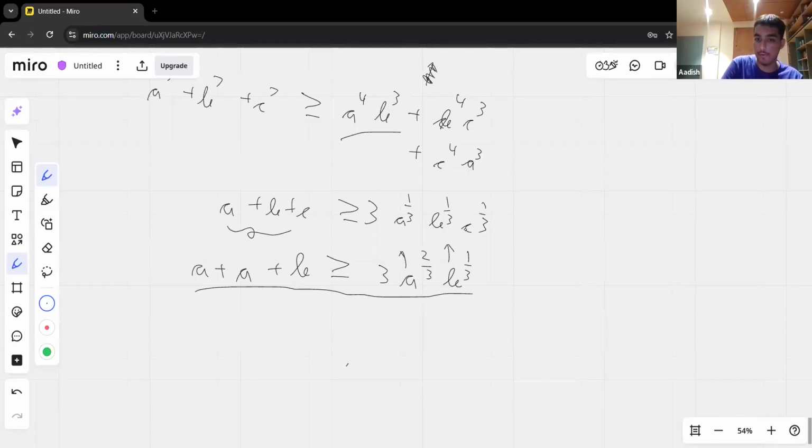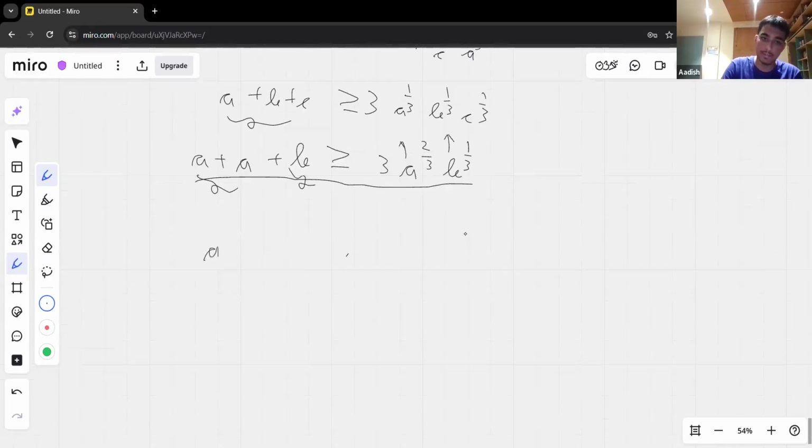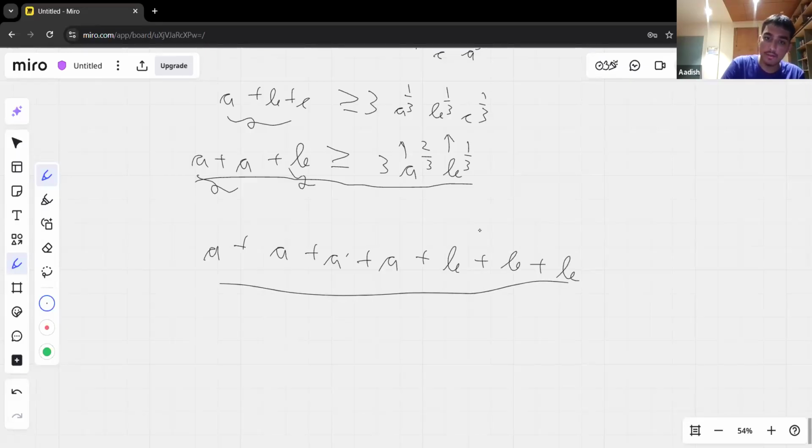So what do we want? We want 4 powers of A and 3 powers of B, right? As we just saw, when you take 2 copies of A and 1 copy of B, you get A to the power 2 by 3 and B to the power 1 by 3. So if you want 4 copies of A and 3 copies of B, just take them: A plus A plus A plus A plus B plus B plus B, over 7.